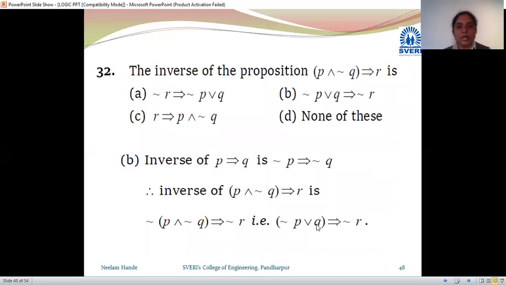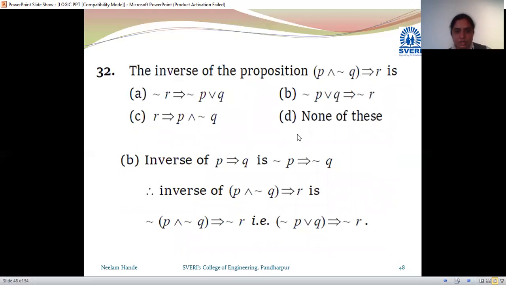Okay, next you have to write the inverse of the given statement. Okay, inverse is what? If P implies Q is there, so its inverse is negation P implies negation Q. This is called the inverse. Okay, so inverse of this statement we have to write. Inverse is negation of this statement implies negation of this.